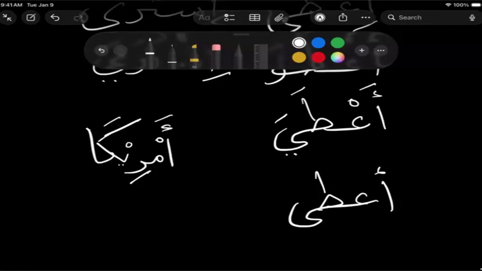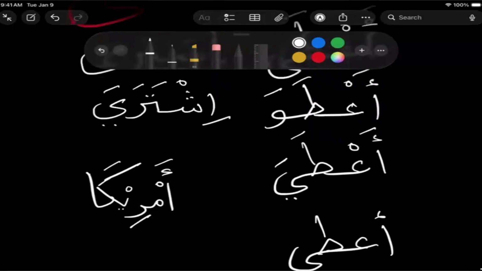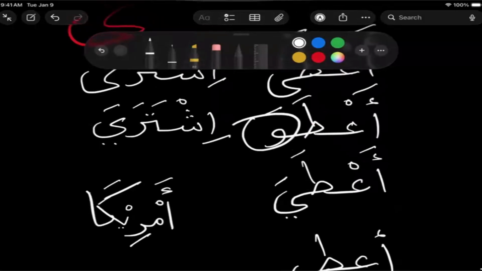In this one word, a'ta, the original letter is a wow. The origin is a wow, then the wow flips into a ya because of falling fourth or beyond, liwukuriha rabi'atan fasaridan.